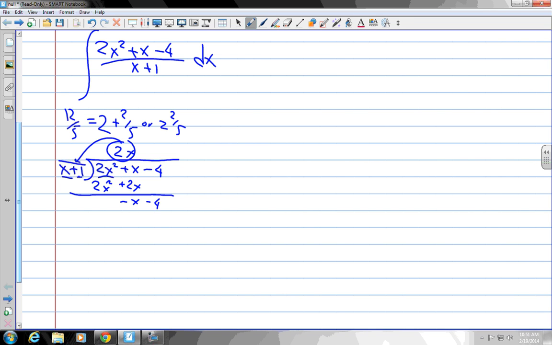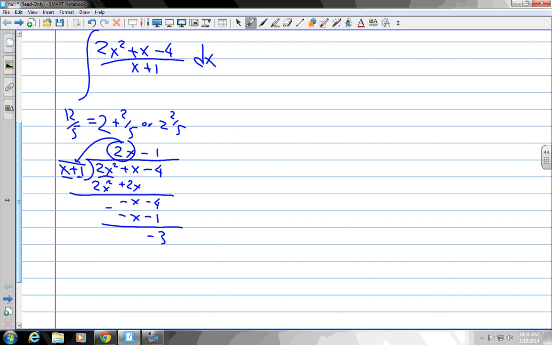Negative 4 falls down. Then you repeat the process. Negative x divided by x is negative 1. You multiply again. Negative 1 times the divisor gives you negative x minus 1. You subtract and end up with negative 3. So that's the remainder.